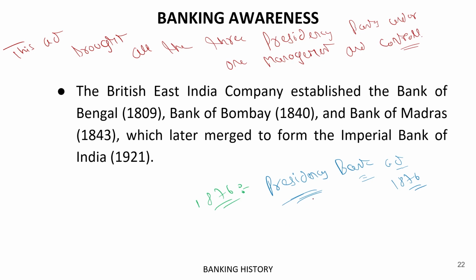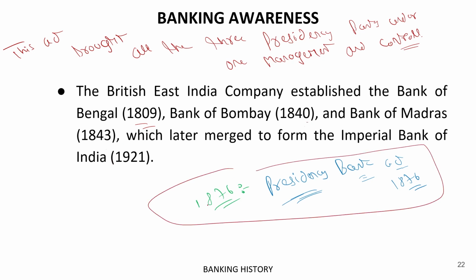The Presidency Banks Act of 1876 was formulated to bring all three presidency banks under one management and control. Bank of Bengal 1809, Bombay 1840, and Madras 1843, all under the control of one single management.